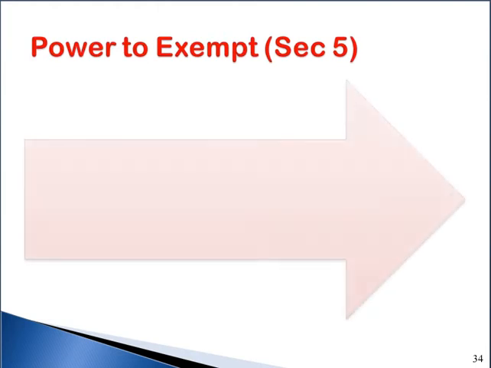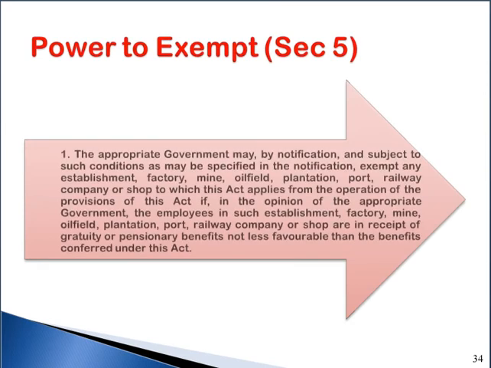The next important provision is power to exempt, as provided in section 5 of the Payment of Gratuity Act. The Act allows the appropriate government to specify exemptions for an establishment, factory, mine, oil field, plantation, port, railway company or a shop to which this Act applies from the operations of the provisions of this Act if, in the opinion of the appropriate government, the employees in such establishment, factory, mine, oil field, plantation, port, railway company or shop are in receipt of gratuity or pensionary benefits not less favorable than the benefits conferred under this Act.